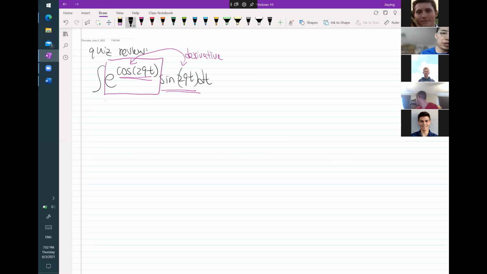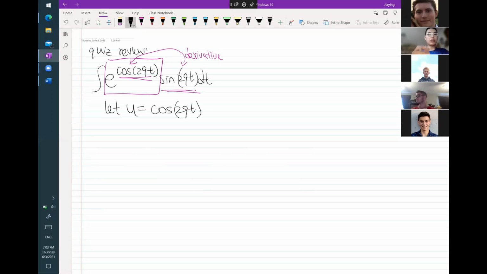So we're going to let u equal cosine 29t. I want to point out that u doesn't have to be the part inside the parentheses. If you set u equal to 29t, it might simplify the problem a bit, but not enough simplification.